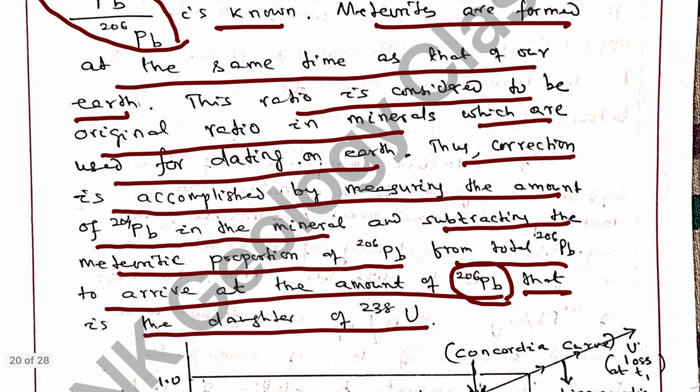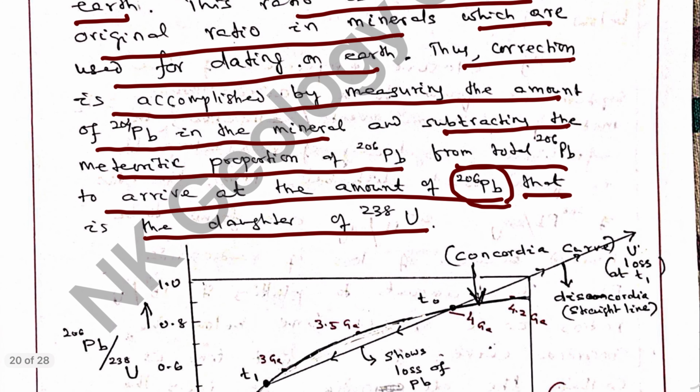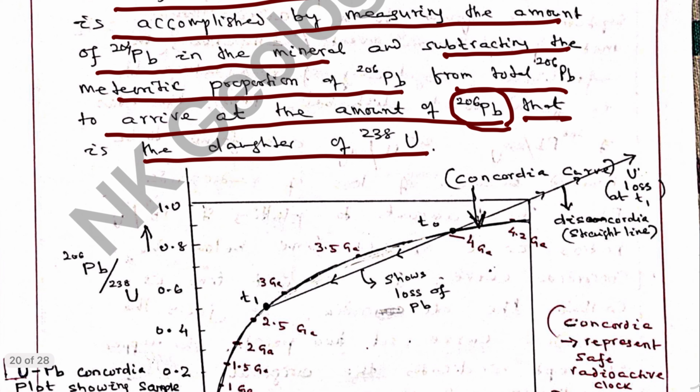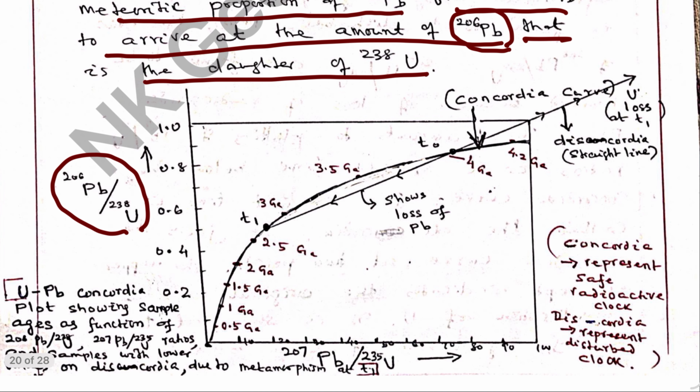So now we know the ratio of Pb206 to uranium-238, and we know the ratio of Pb207 to uranium-238.